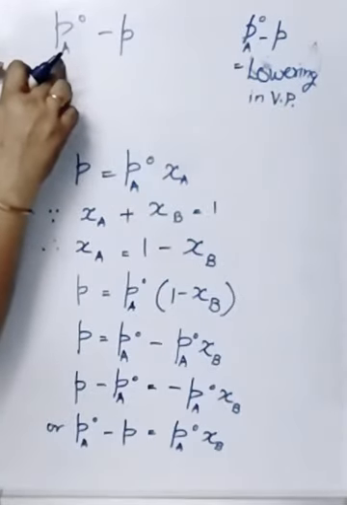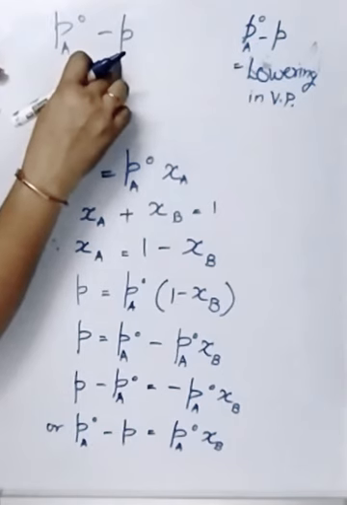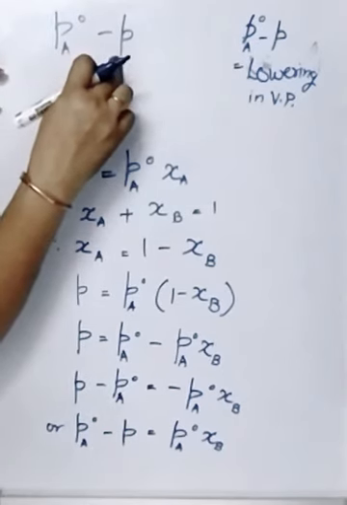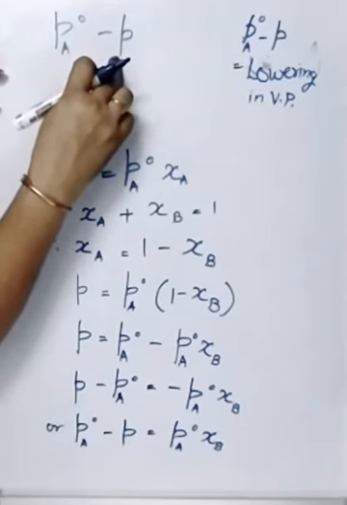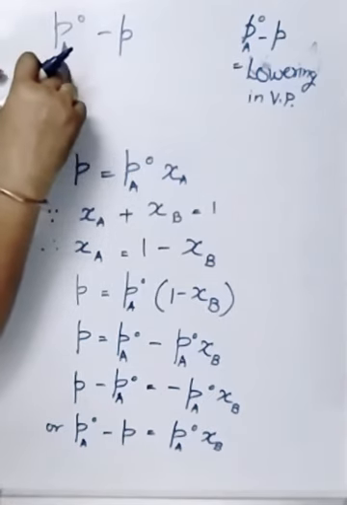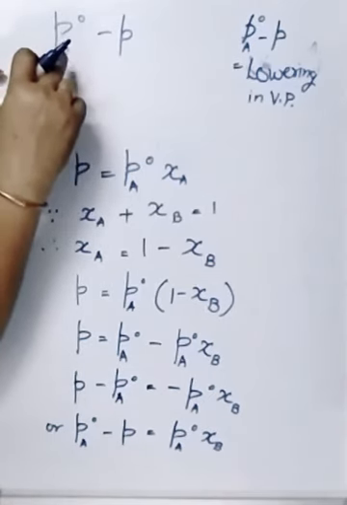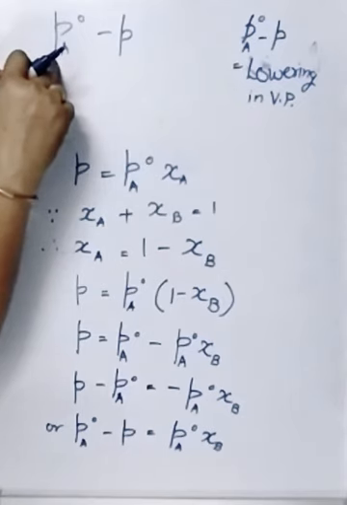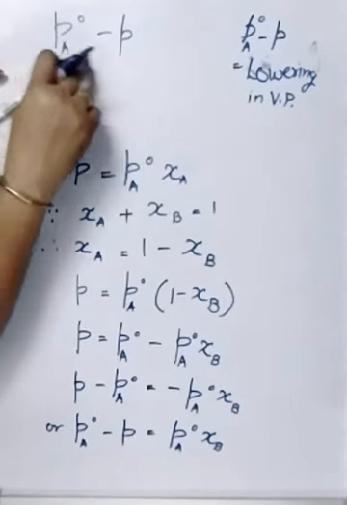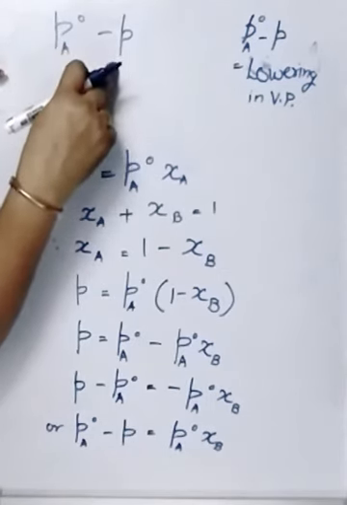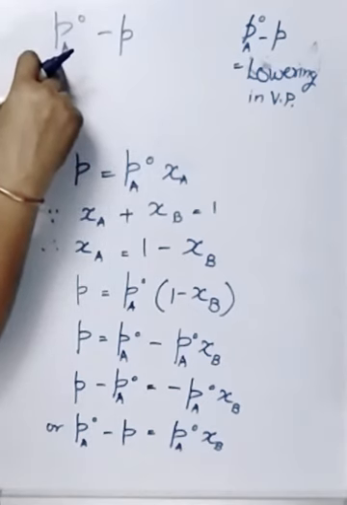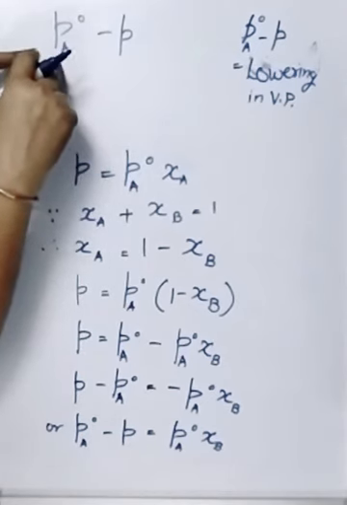See, PA naught is the vapor pressure of pure solvent and P is the vapor pressure of the solution, and this P is the vapor pressure of the solution due to component A, that is the solvent. So that means the vapor pressure of component A in the solution is lesser than what it is in pure condition.